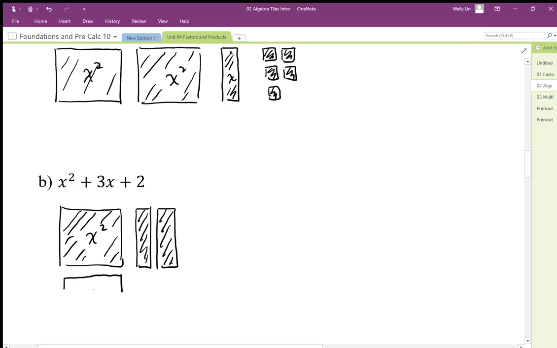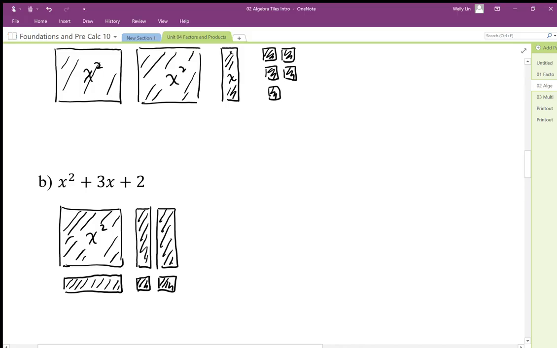Again, we only put the x's edges together and the 1's edges together. Since we can arrange it like that, we can put the 1's tiles here. Note that the 1's edges match on the width and length, and we can put all our tiles in a rectangular shape.